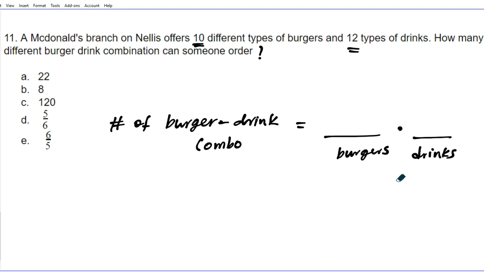So that's what the fundamental counting principle tells us. So we have 10 different types of burgers, 10 different choices, and 12 types of drinks. So all you just simply do is multiply 10 by 12, and your final answer is 120. The answer to question 11 is option letter C.